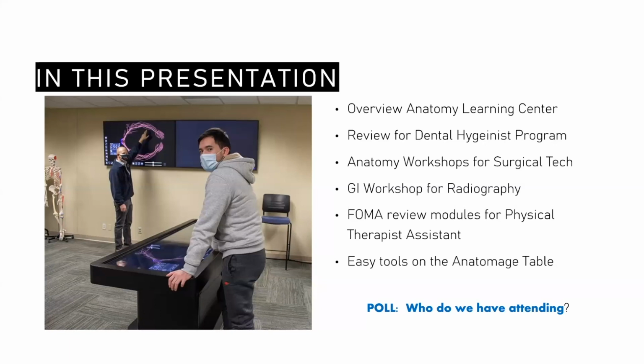We also created a GI workshop, a gastrointestinal workshop, for our radiography program, and we zoomed the table into the Wisconsin Association of Educators in Radiographic Technology. So we were able to utilize that workshop at a symposium for Wisconsin educators.